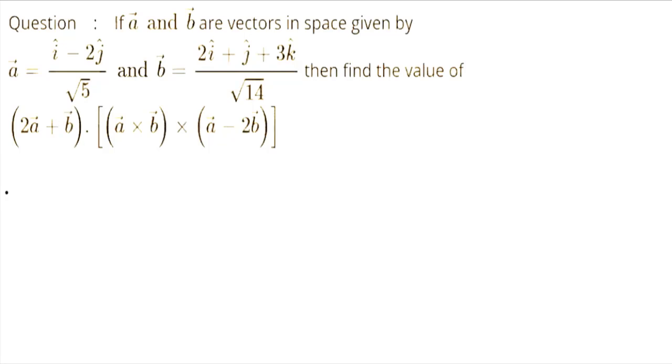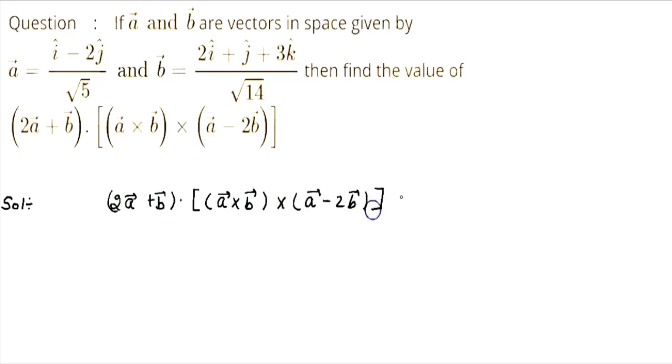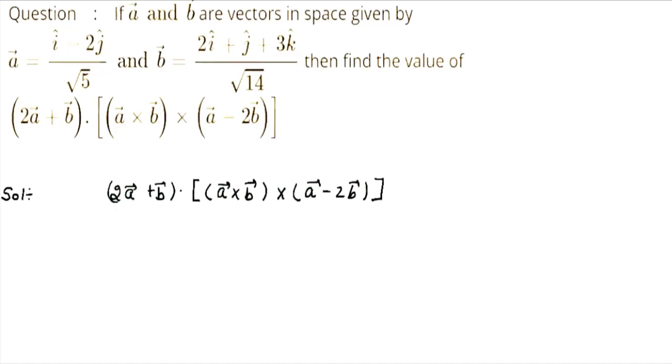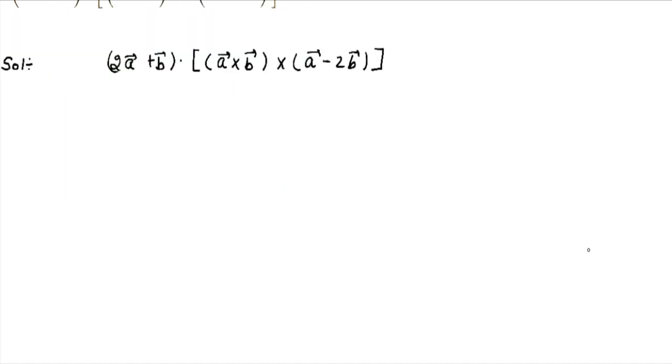In this question we are given A vector and B vector. We have to solve 2A vector plus B vector dot A vector cross B vector cross A vector minus 2B vector. Now to solve this equation we have to know the vector triple product.